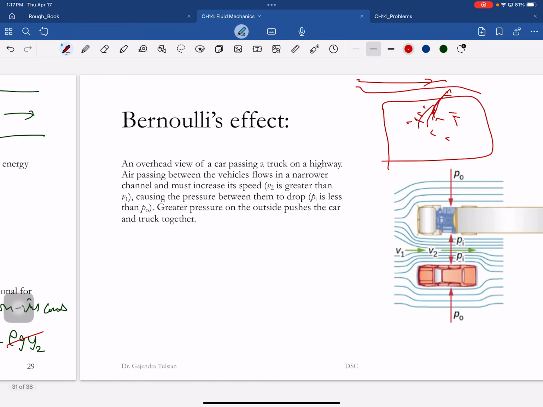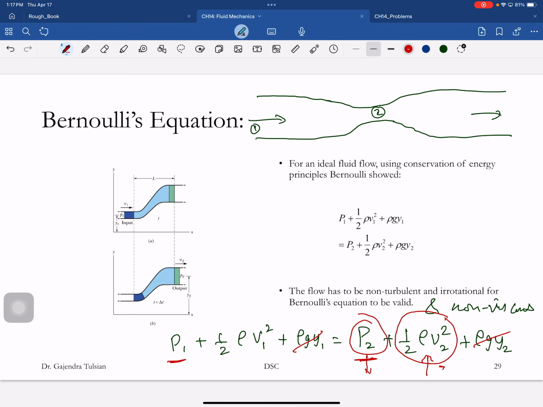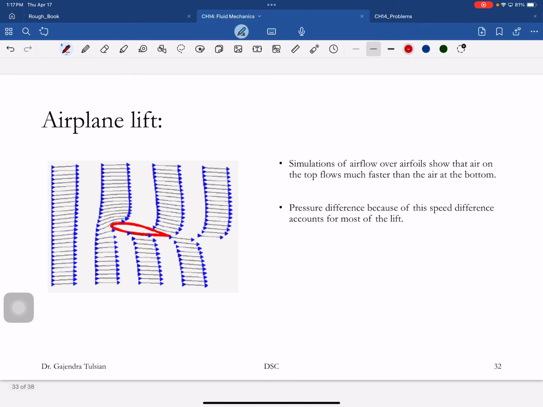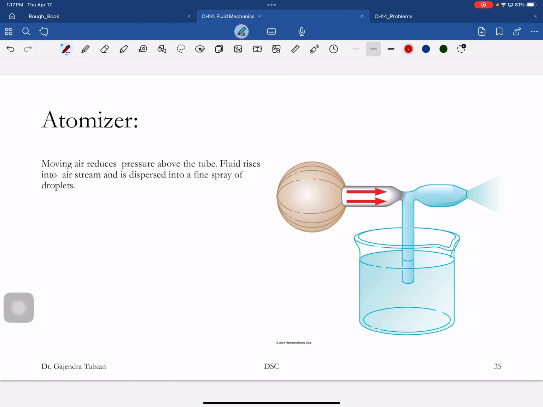All right, so this is what I want you to remember the rest of your lives. If you have a faster moving fluid, the pressure at that location decreases. And so that's how this device works. You blow air across this pipe.